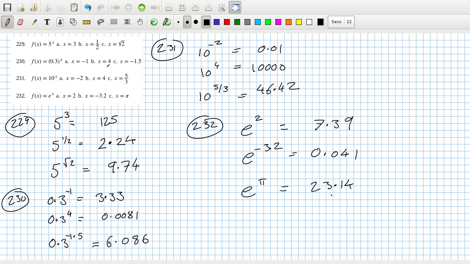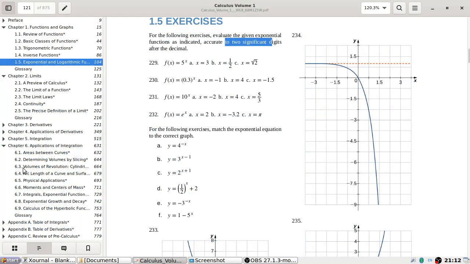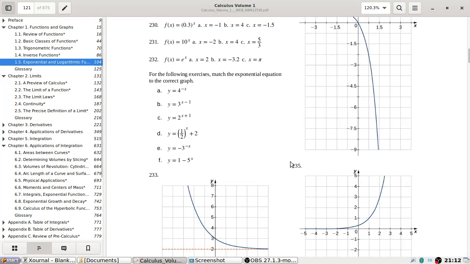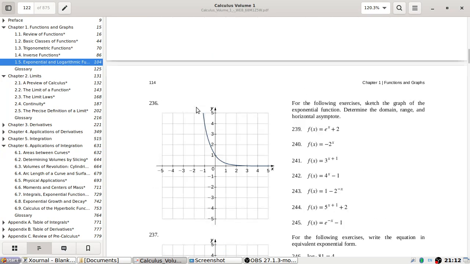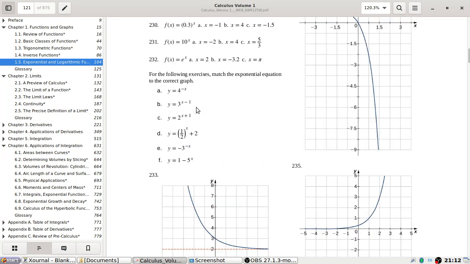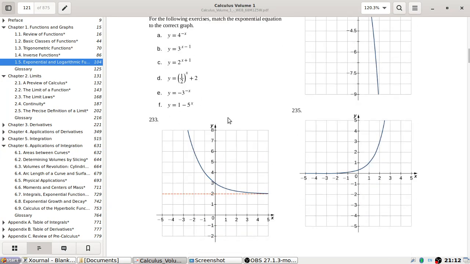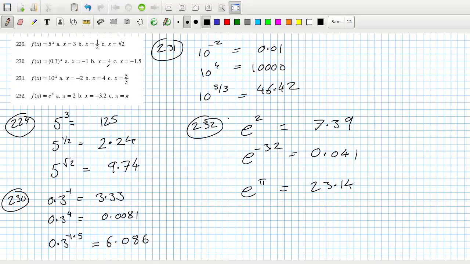Yeah, okay, that's the first few taken care of. Okay, let's see now. Now we have to match. Okay, we've got some graphs here we have to match up. So let's take care of that then.